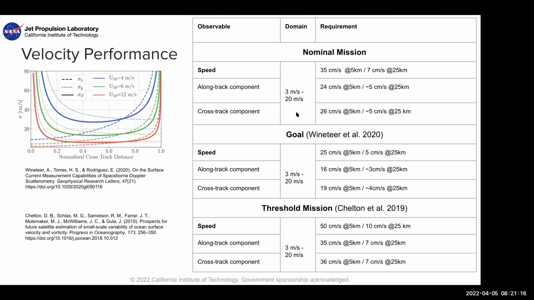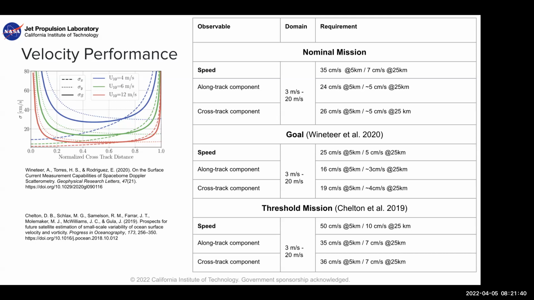So the nominal mission, basically, we hope to have a speed accuracy of 35 centimeters per second when sampled at 5 kilometer pixels. And since most of this is random noise, this translates to about 7 centimeters per second at 25 kilometer sampling.